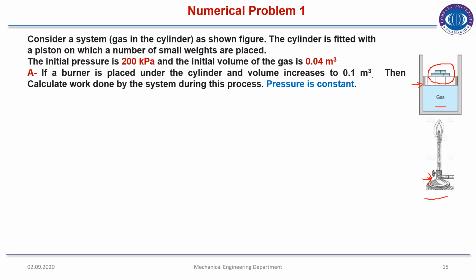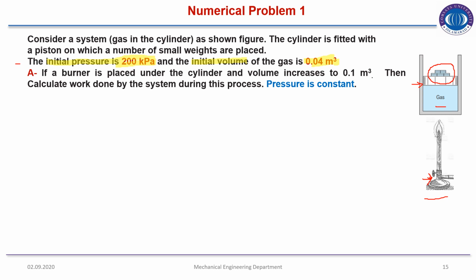We will continue to read the statement. The cylinder is fitted with a piston on which a number of small weights are placed. The initial pressure is 200 kilopascal. So we will highlight the important information. The initial pressure is 200 kilopascal and the initial volume of gas is 0.04 meter cube.